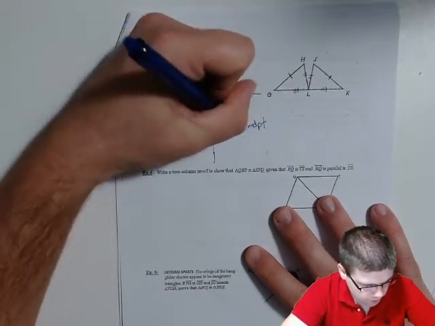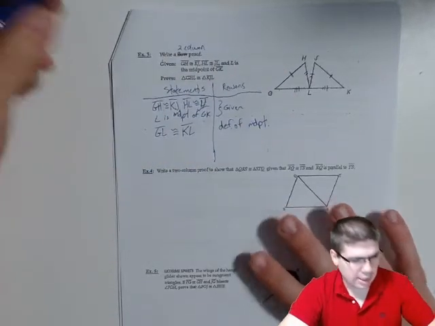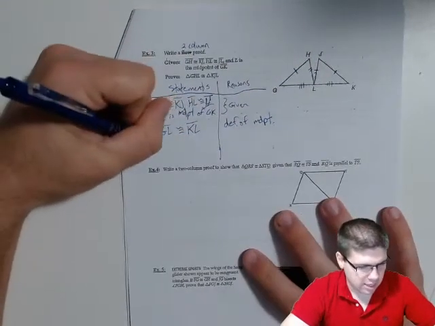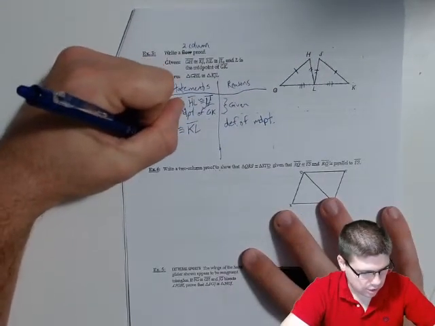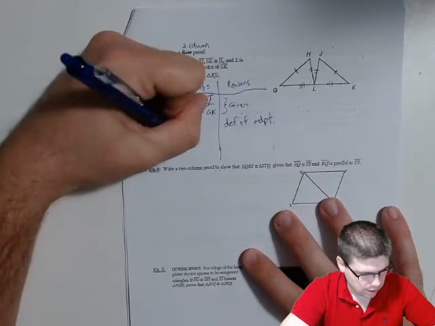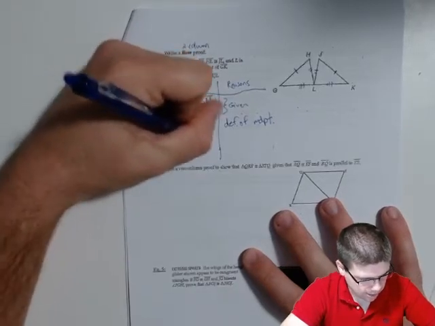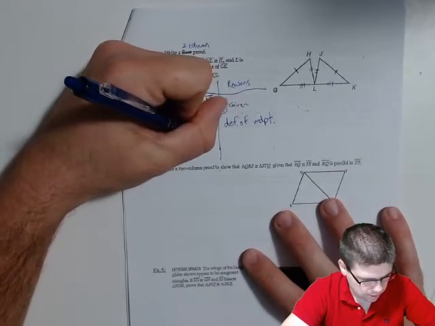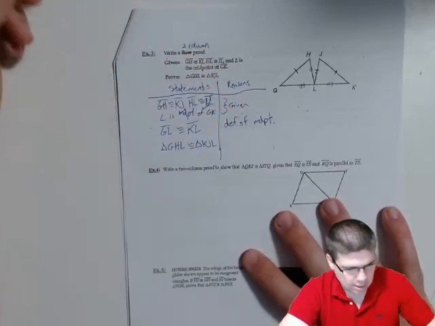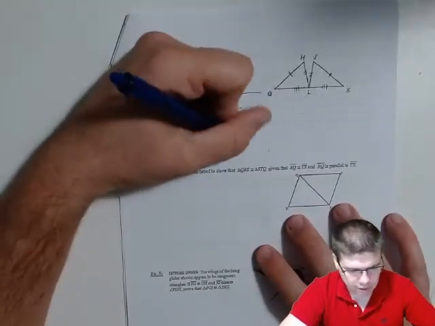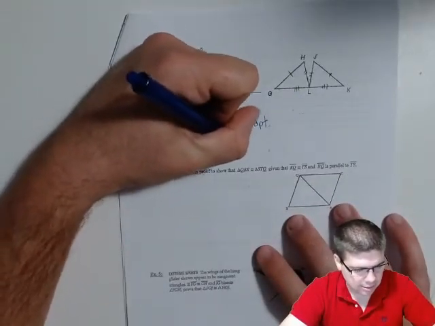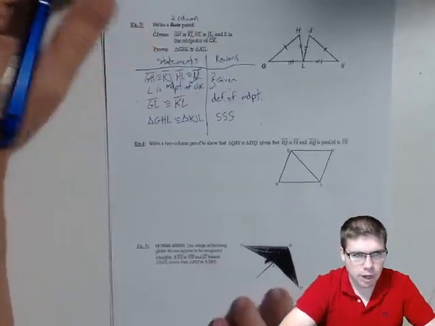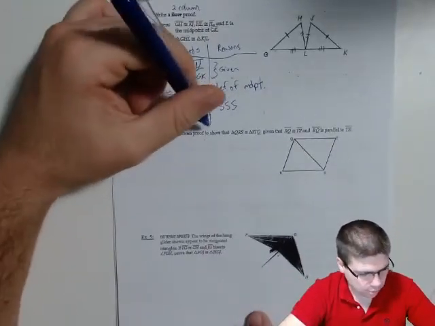Abbreviate this definition of midpoint, and so now we can say that triangle GHL is congruent to triangle KJL through the side postulate.